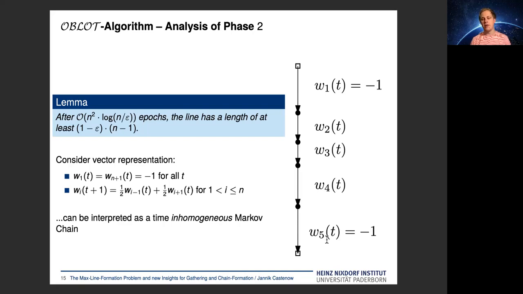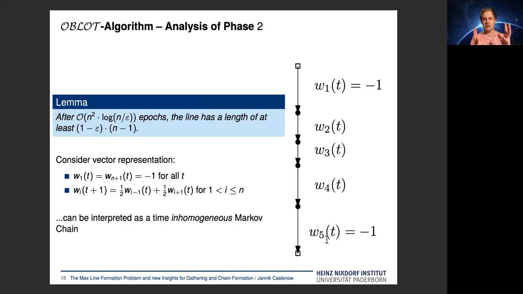Now, depending on the movements, which robots are active and so on, we always get a structure which is stochastic. If we would write down the behavior of these vectors as a matrix-vector product, we would have a stochastic matrix.